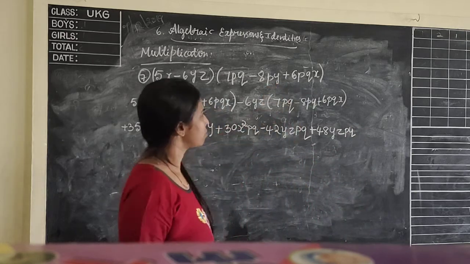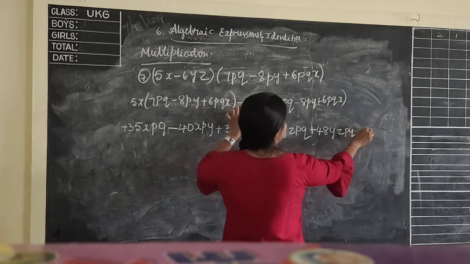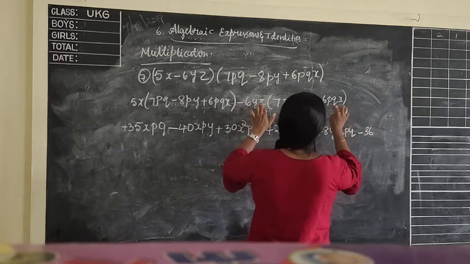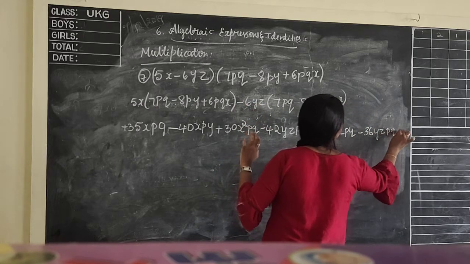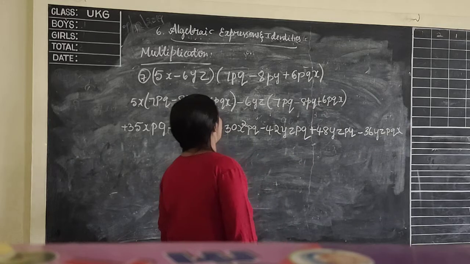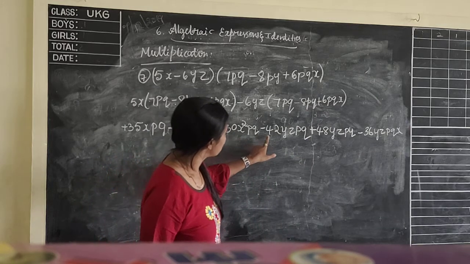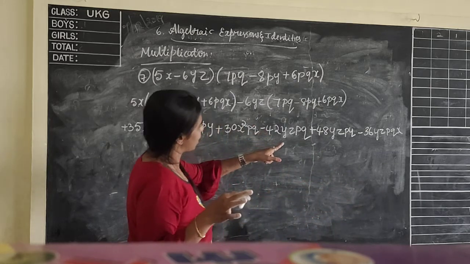Minus 6 6s are 36. Y is a pqx. Nothing is in. Everything is right. XPQ. XPQY is XPY.